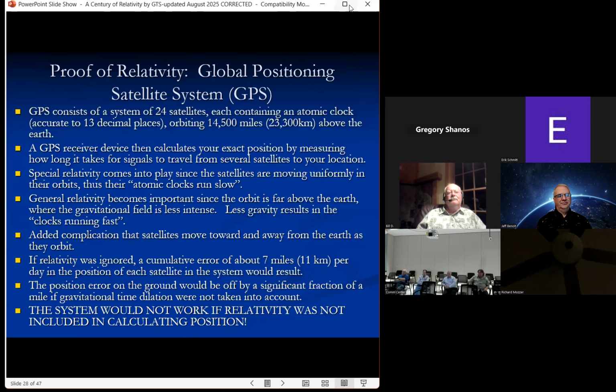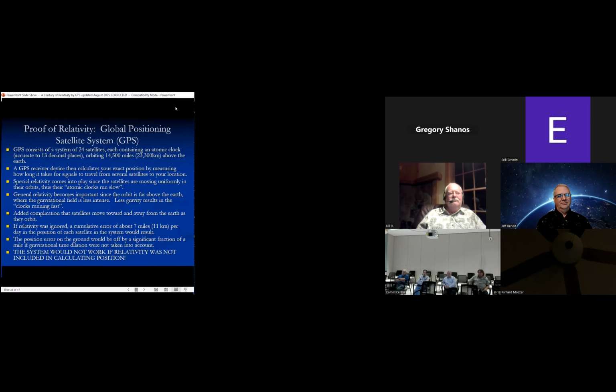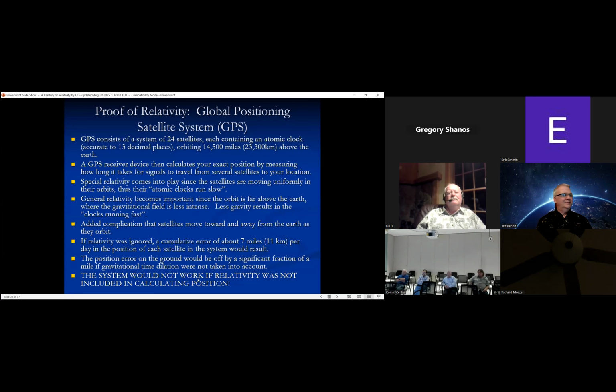The GPS in your car actually works using special and general relativity. You can read this here: the clocks run slower on Earth because there's more gravity. They run faster up in orbit because there's less gravity, but it wouldn't work unless relativity was taken into account.